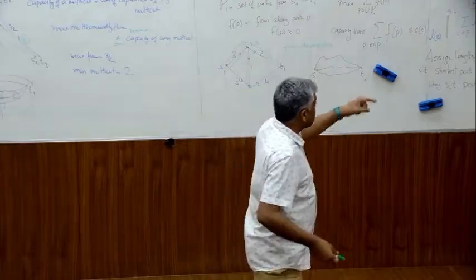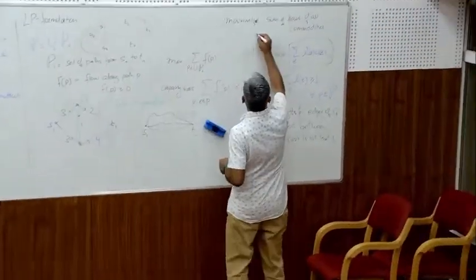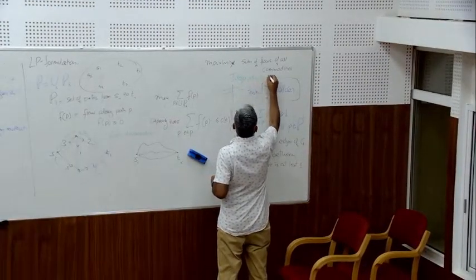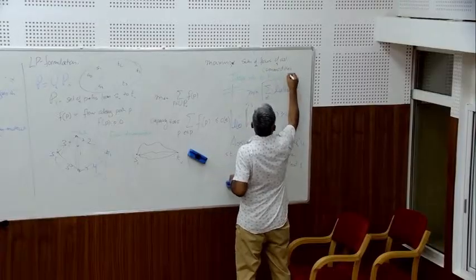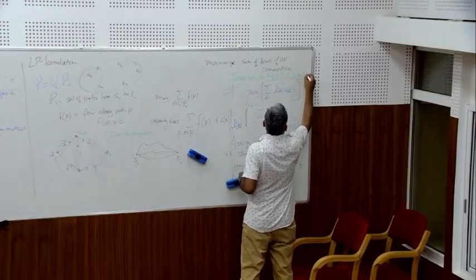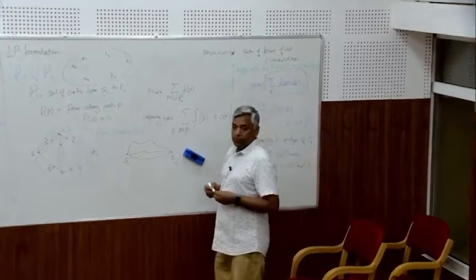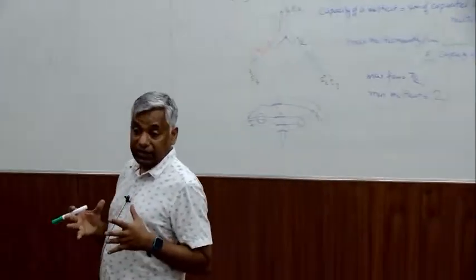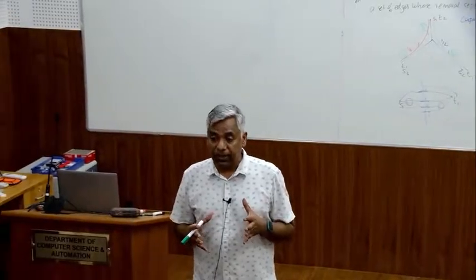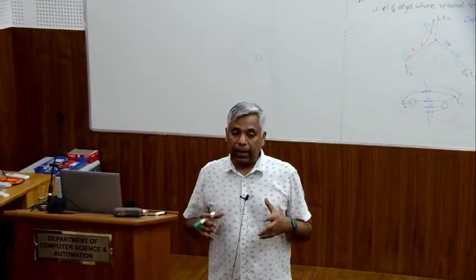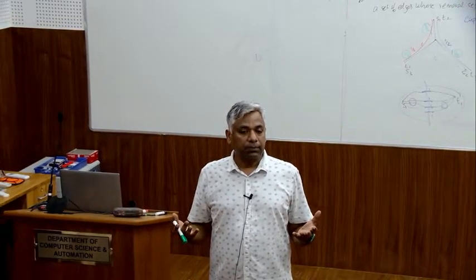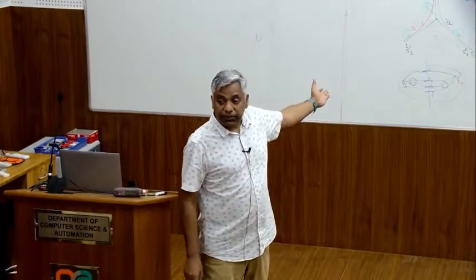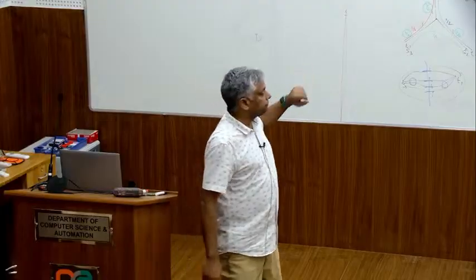So an integer solution to this is a multi-cut. If somehow I could get an integer solution to this linear program, I have a multi-cut. But even in this simple example, the optimum solution is not integer.